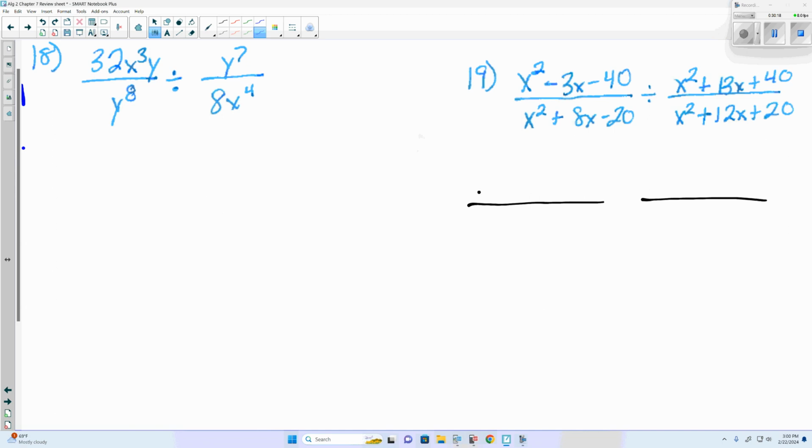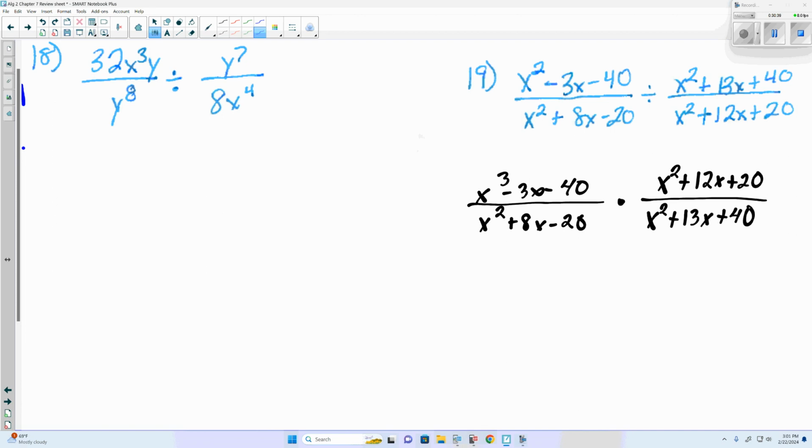We keep the first one the same. We change it from division to multiplication and flip our second expression. Keep, change, flip.